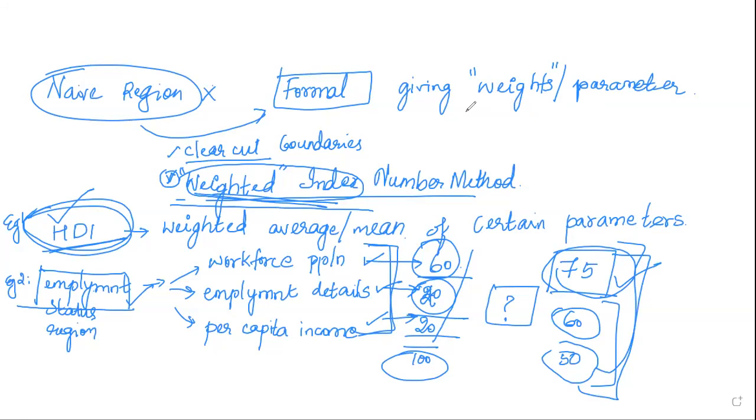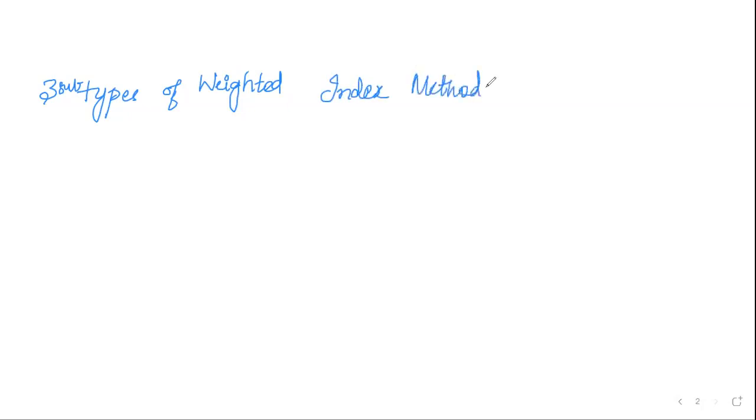Now, I'll use a different page. There are three types, or three subtypes, of the weighted index type method.